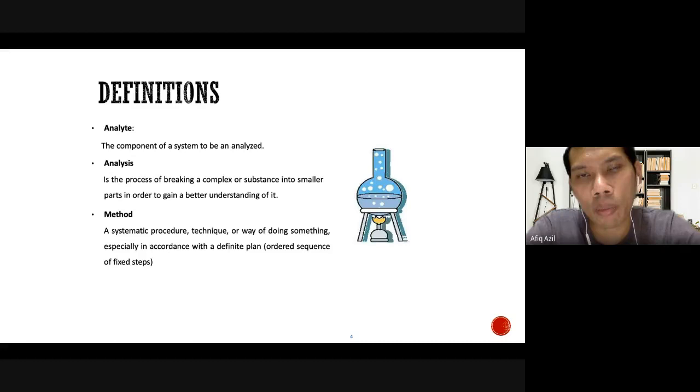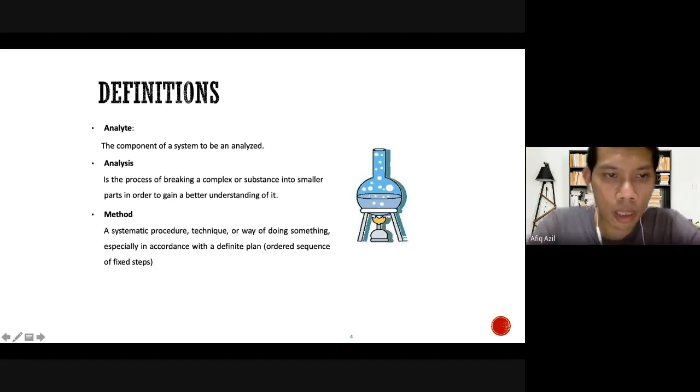And then you might also have the coating. Okay, once if you want to do the analysis, let's say you have a tablet, that tablet needs to be pulverized first. So all of that component will get mixed together. So the focus of your analysis will be just on one thing. Probably you just want to determine the concentration of the API. So that API itself will be called as the analyte.